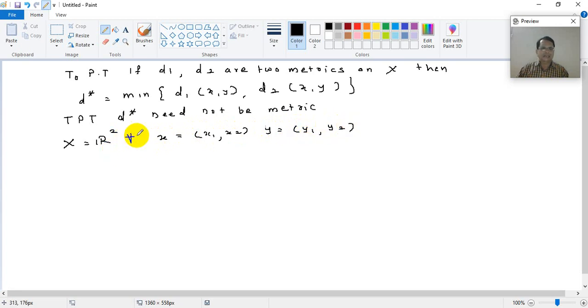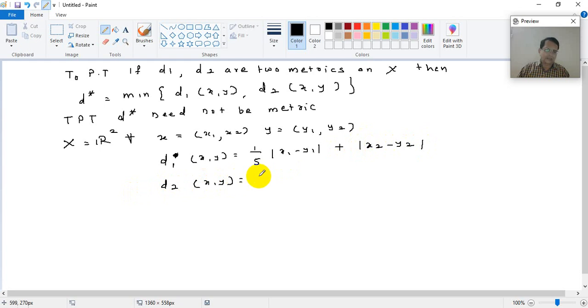For all x equal to x1 x2 and y equal to y1 y2, define d1 x y as 1 by 5 into mod of x1 minus y1 plus mod of x2 minus y2, and d2 x y the other way around, that means mod of x1 minus y1 plus 1 by 5 mod of x2 minus y2.